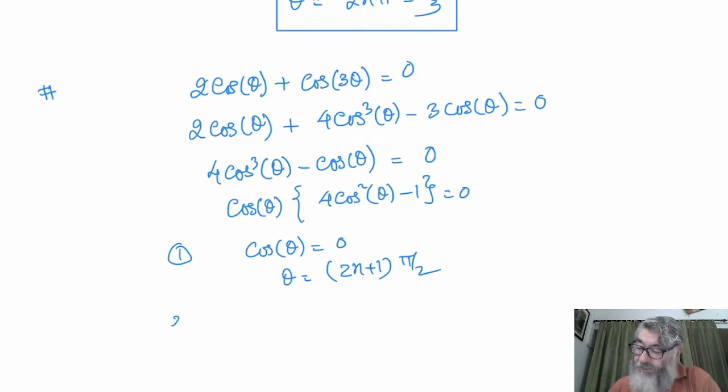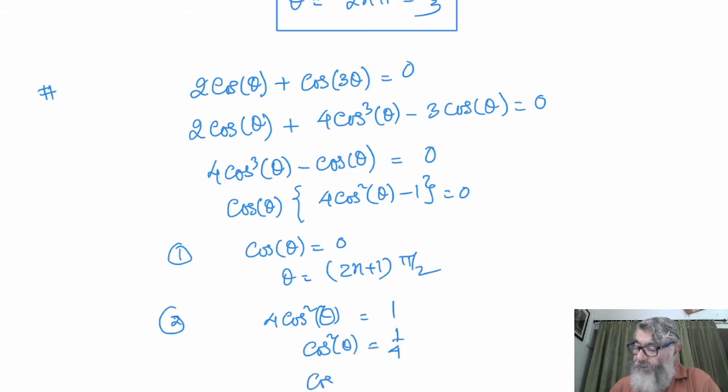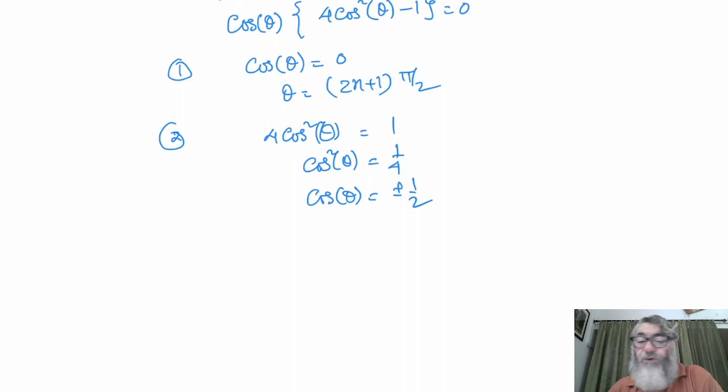Now second is 4 cos square theta is equal to 1, or cos square theta will be 1 upon 4, or cos theta will be plus minus 1 upon 2. So we'll get the values in all the 4 quadrants, because it is coming plus minus.